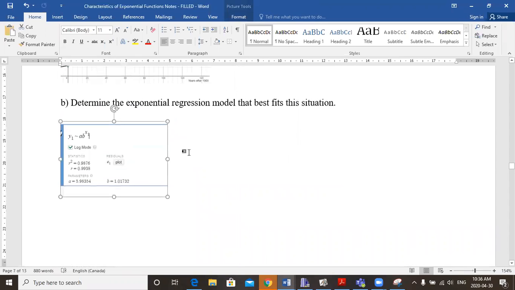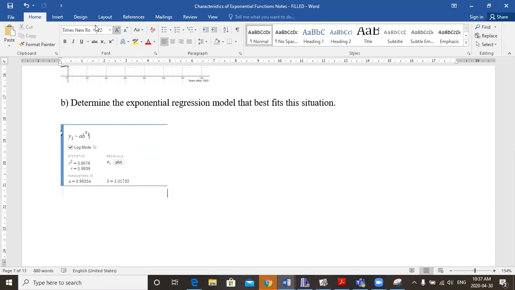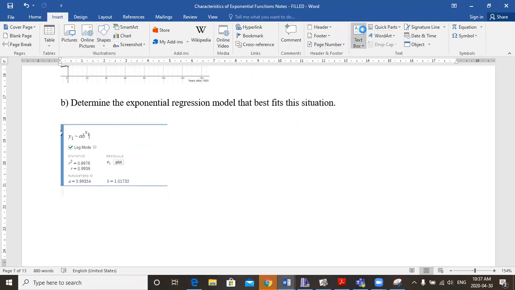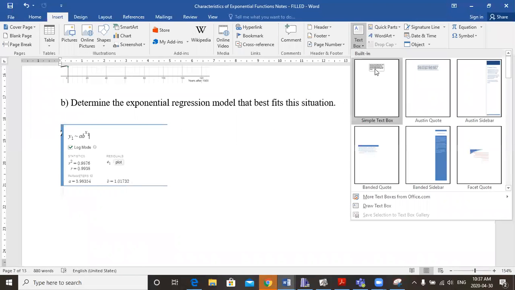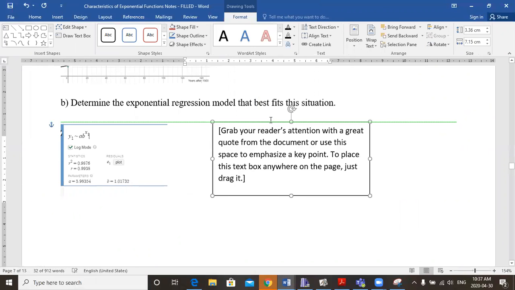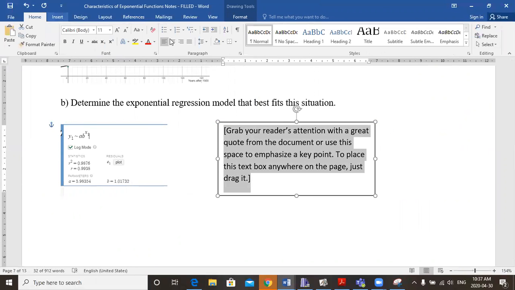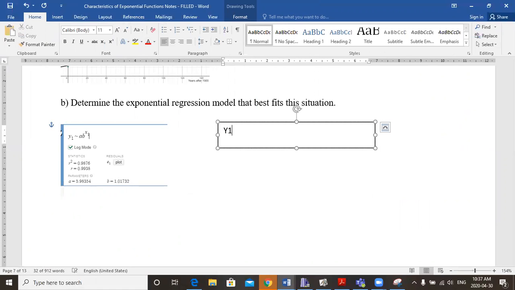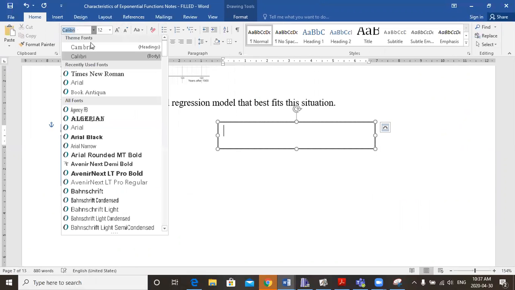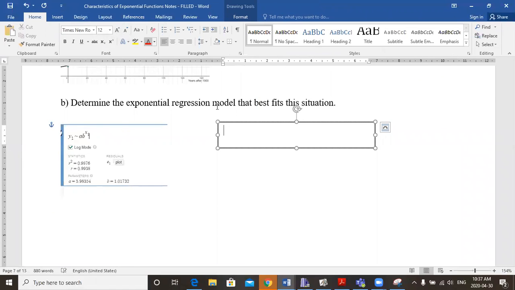Okay, just to save space, I'll do a text box right here, and we'll do this in red. Our model is y1 tilde a times b to the power of x1.